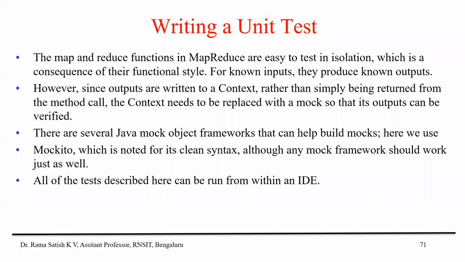However, once the outputs are written to the context rather than simply being returned from the method call, the context needs to be replaced with a mock, so there are several Java mock objects created in the framework that can help to build various mocks. Here we use Mockito, where O indicates it is an object.